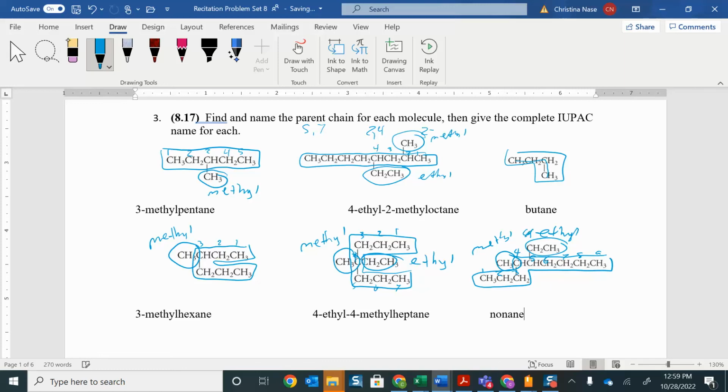Ethyl is on the 5. And my methyl is on the 4. So I end up with 5-ethyl-4-methylnonane.